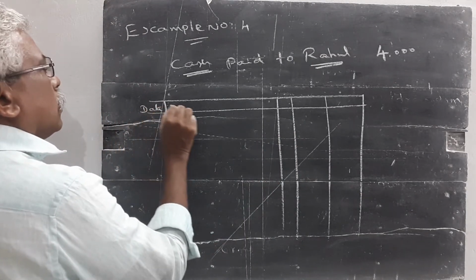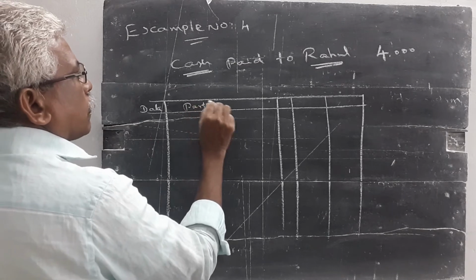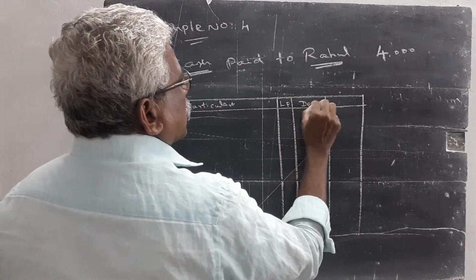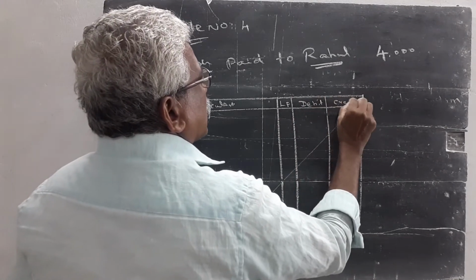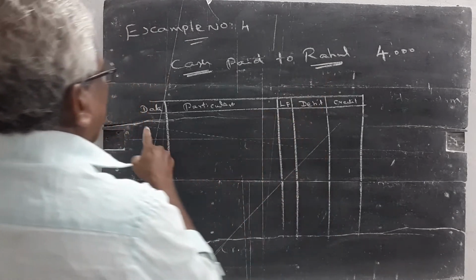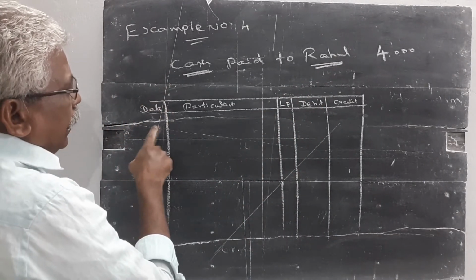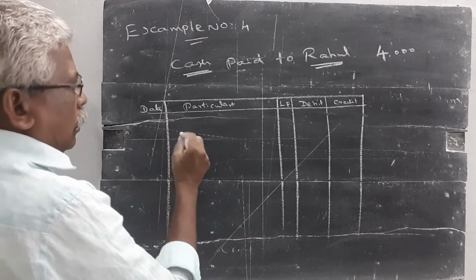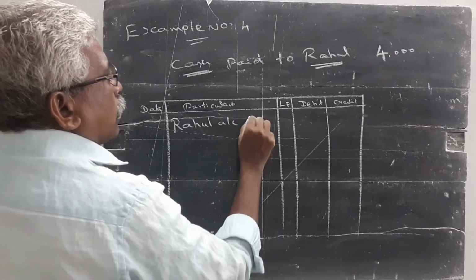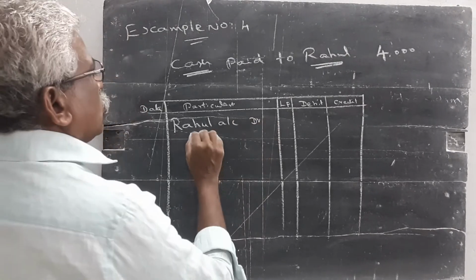Then first column date, second column particulars, third column ledger folio. This column is debit and this column is credit. Date is not given, so no need to write the date. Here you write Rahul account debtor. Rahul is the receiver of the cash.